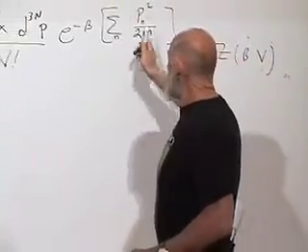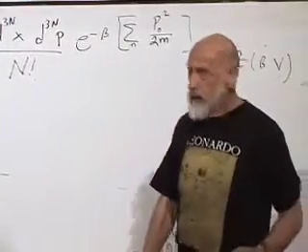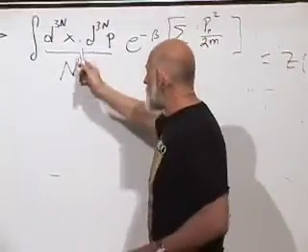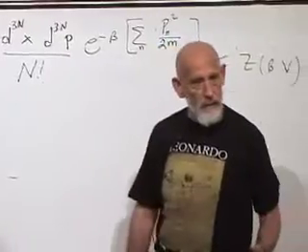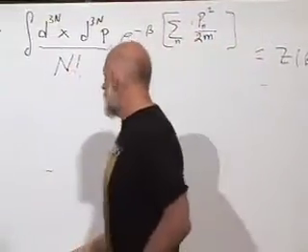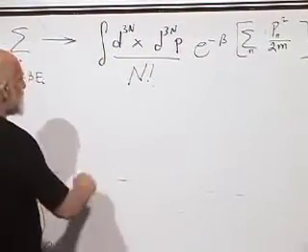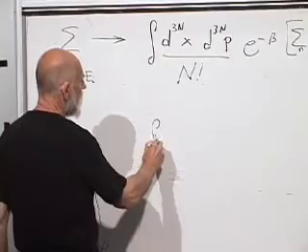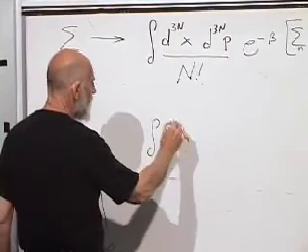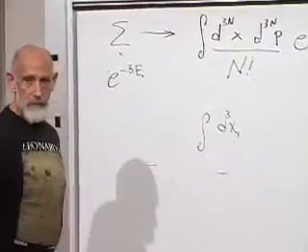Now, the integrand here does not depend on x at all. So that means I can do the x integrations immediately. And what does each x integration, supposing I focus on a particular particle, let's say the first particle, d^3x_1, what is that integral?